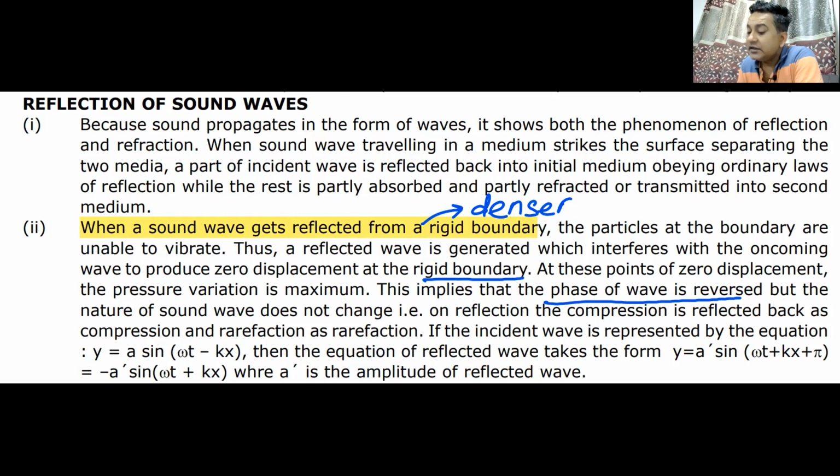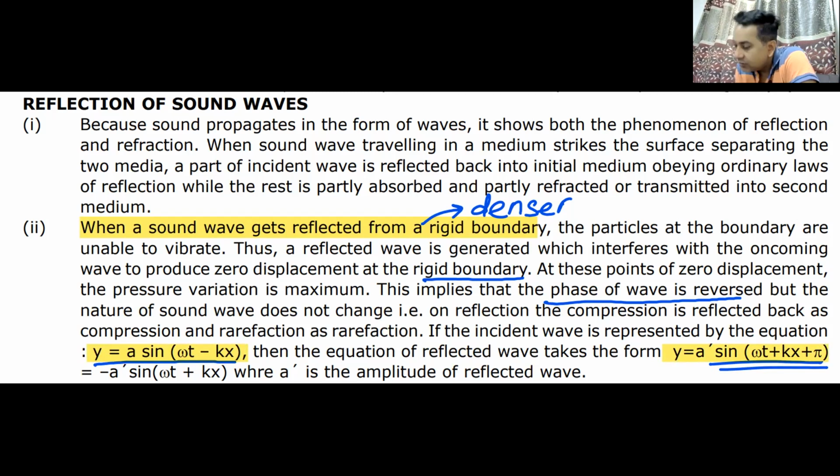That means it undergoes a phase difference of pi. Here you can see what I have underlined. The initial wave was y equals a sin(omega t minus kx). When it reflects from a denser medium, it becomes a dash. If it is not getting 100% reflected, a dash will not be the same as a. If it is getting reflected 100%, a dash will be the same as a. Do we understand this?